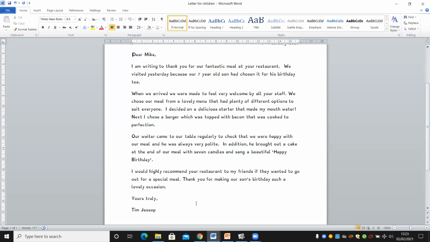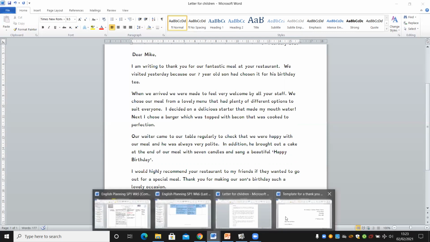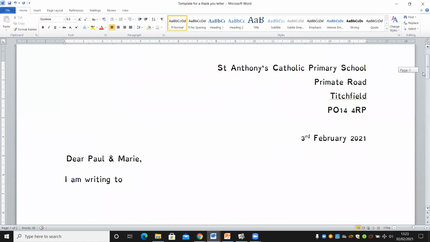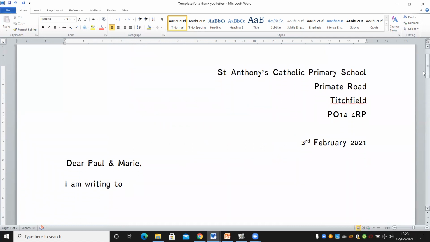So children, today we are going to have a go at writing an informal thank you letter, and we are going to write it to Paul and Marie from the Hamble Lifeboat. Now children, why would we want to write a thank you to them? Can you think of a reason?